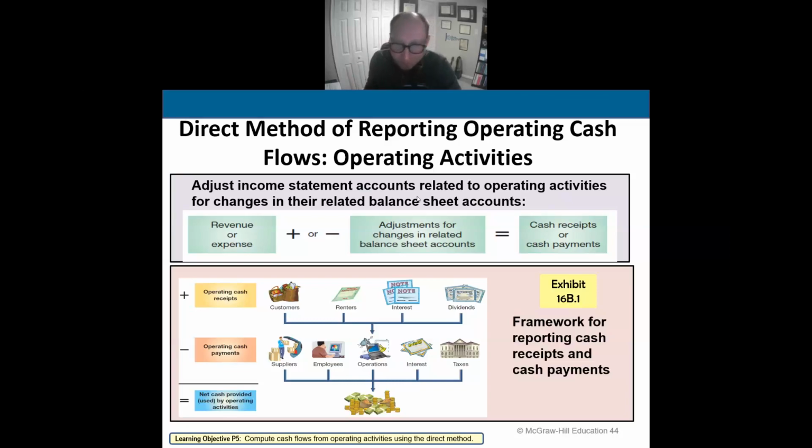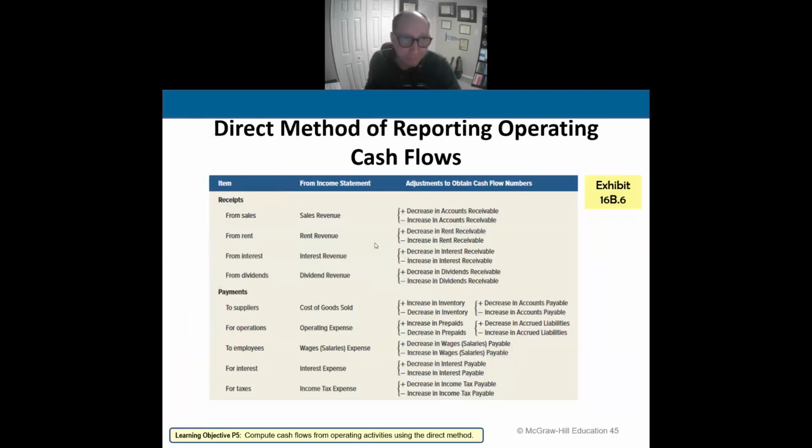Very straightforward. These are the reasons why we receive cash and the reasons for paying cash. But by now you already know all this stuff. Kind of like this cheat sheet actually, because it kind of shows us the changes. That part of it.